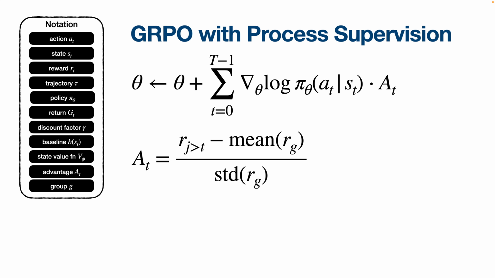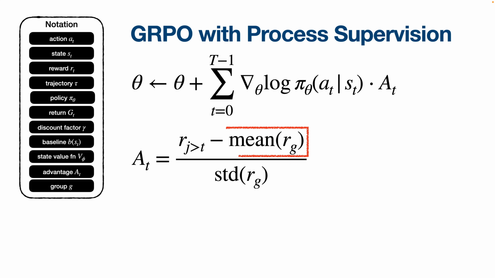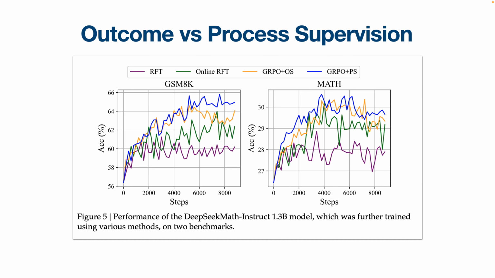The difference is, at each time step t, we'll use the reward for the reasoning step that t is part of. So for instance, all these tokens in April, Natalia, and so on, all use the reward of the second reasoning step. And when it comes to the baseline, the mean is over all reasoning steps in all groups. So are the intermediate rewards worth it?